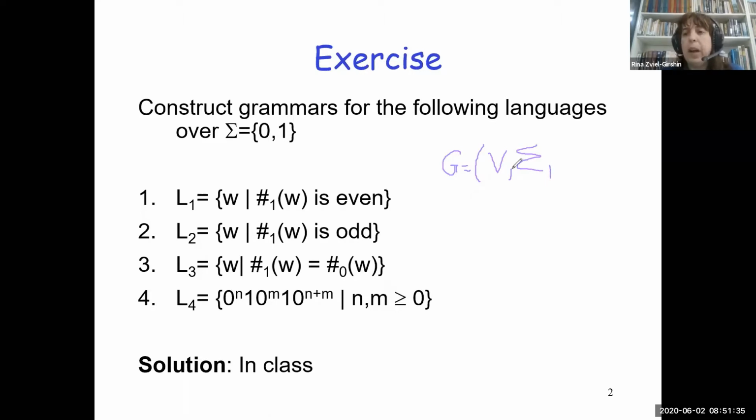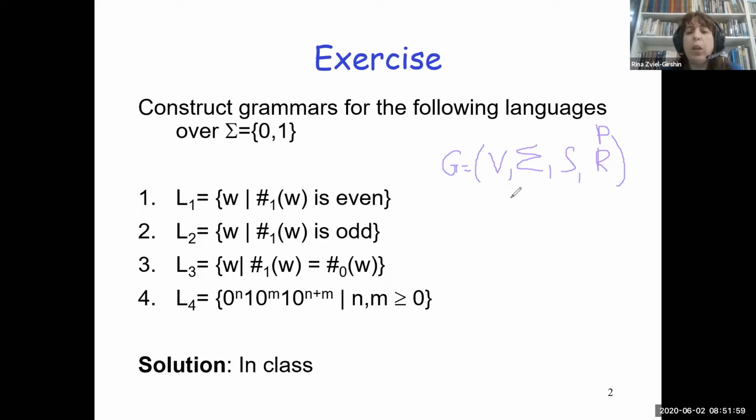It's basically our alphabet. We have a starting variable for our grammar, and we have a set that's sometimes called R from the word rules, and sometimes you can see P from the words production rules.